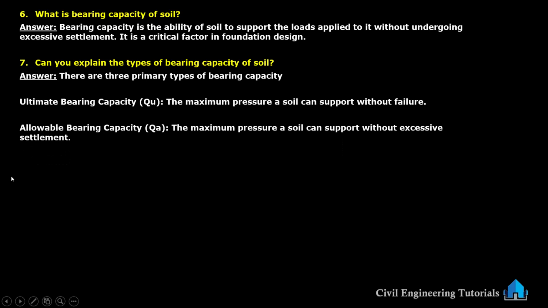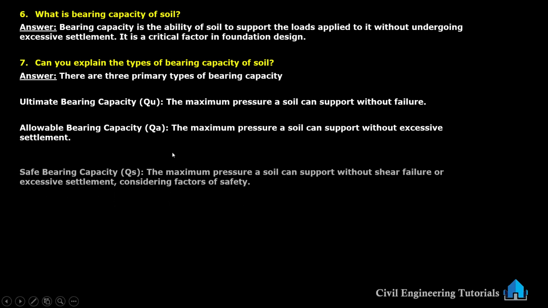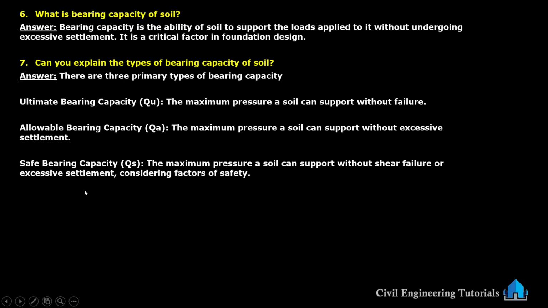Second, allowable bearing capacity QA, the maximum pressure a soil can support without excessive settlement. Third one, safe bearing capacity QS, the maximum pressure a soil can support without shear failure or excessive settlement considering factors of safety.